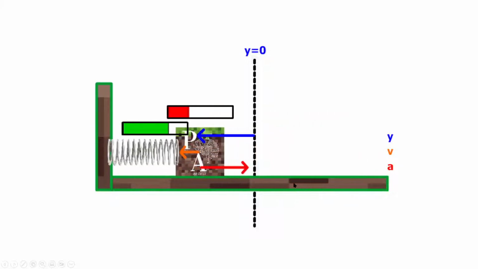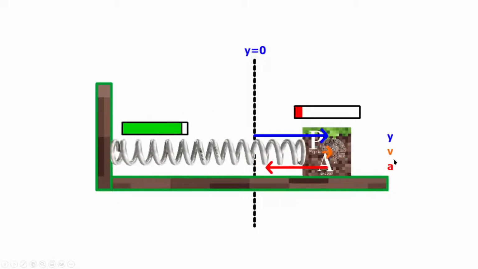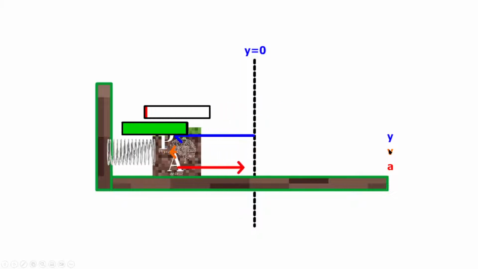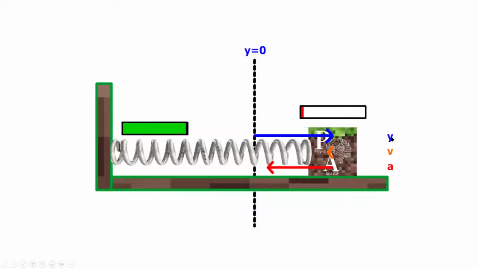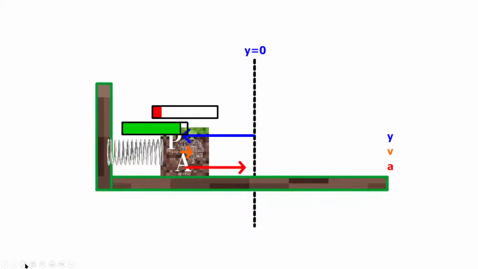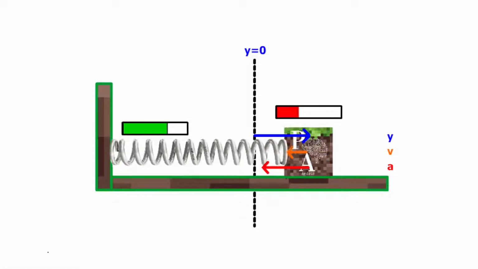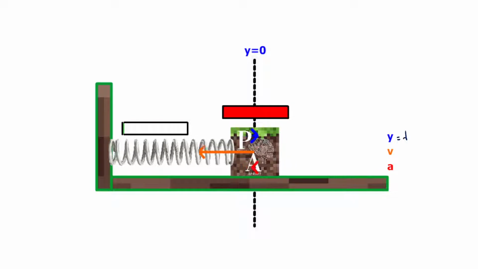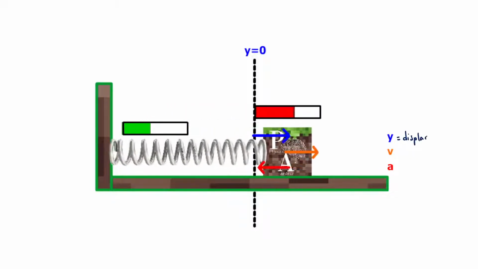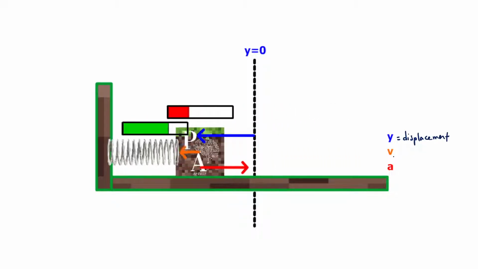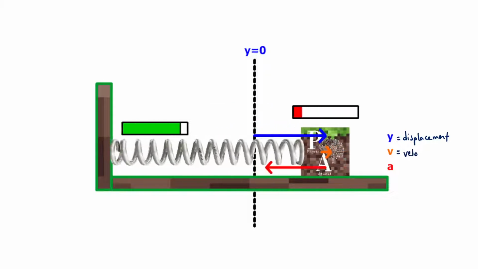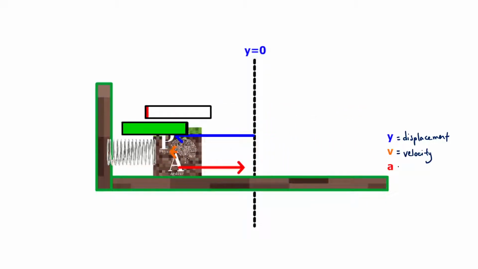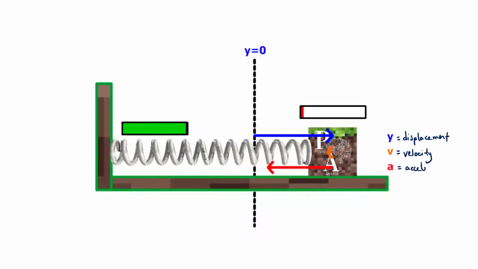The red arrow is the acceleration. The orange one is velocity. Let me write it down. This is displacement, this is velocity, this is acceleration.